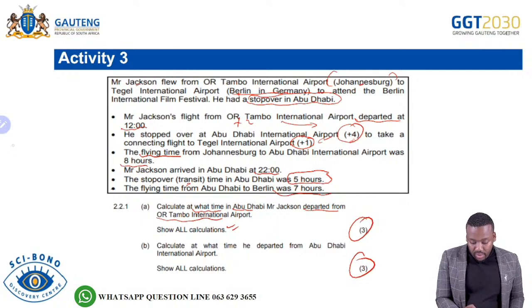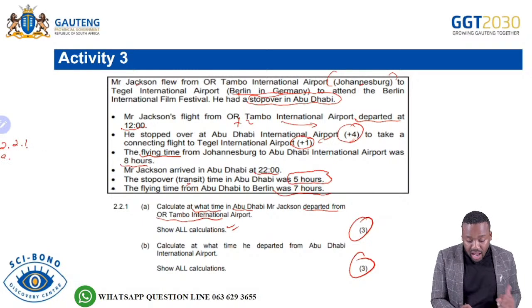Step 1, we said identify the time zone for the two. The memo is there on the next page. Calculate at what time in Abu Dhabi Mr. Jackson departed from OR Tambo. Meaning, what time was it in Abu Dhabi when he left? Remember, your numbering has to be 2.2.1.